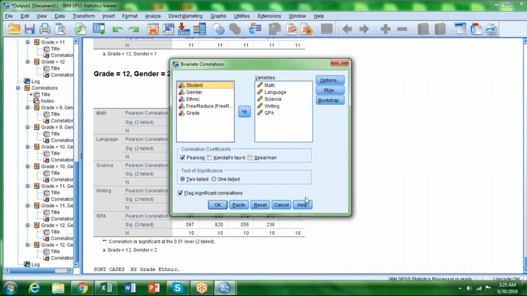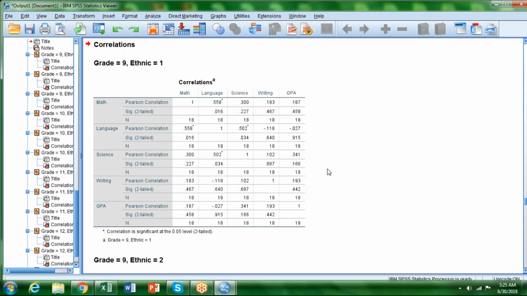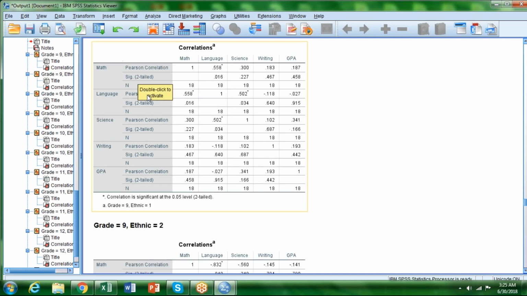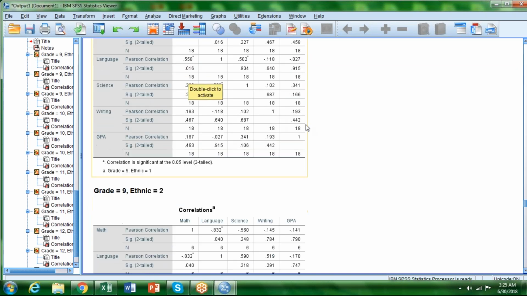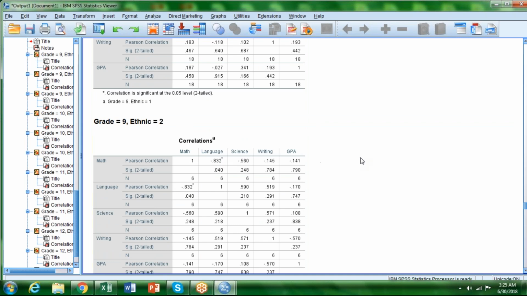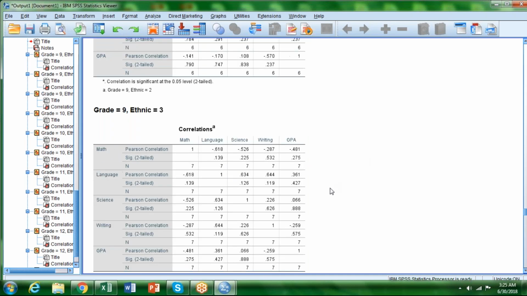And this time, since we've split the files by ethnicity, we haven't changed anything. We'll just do our correlation, and we'll see what happens. Here's our ethnicity in the 9th grade. If I remember correctly, number 1 was for our white students, 2 was for the black students, and 3 was for the Hispanic students.